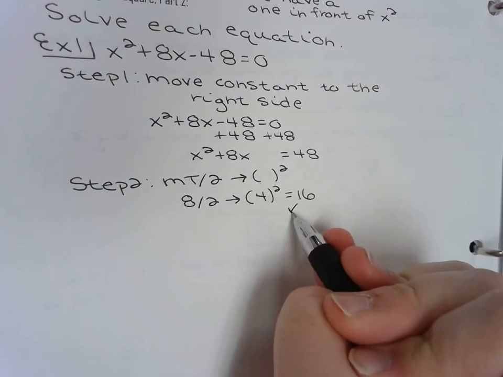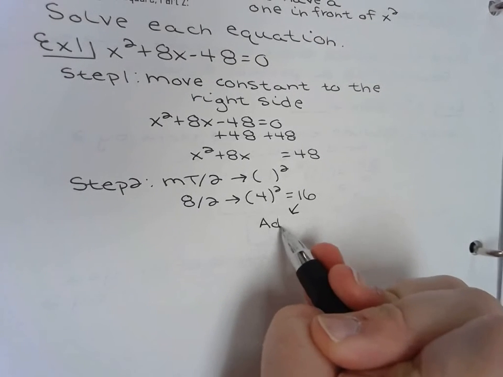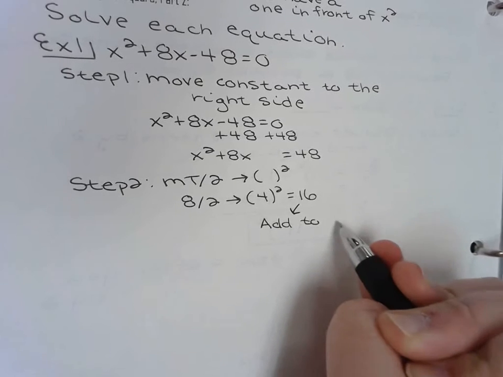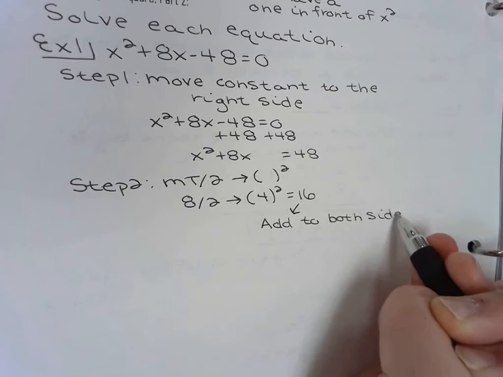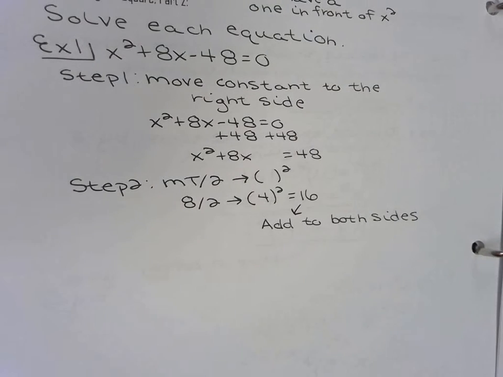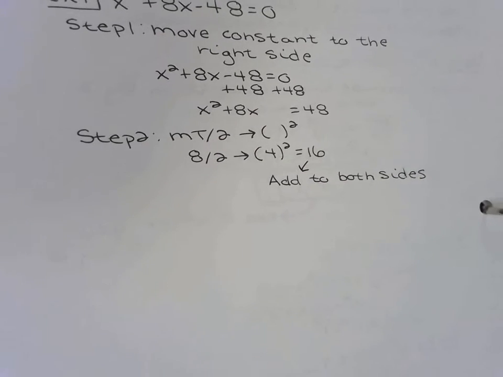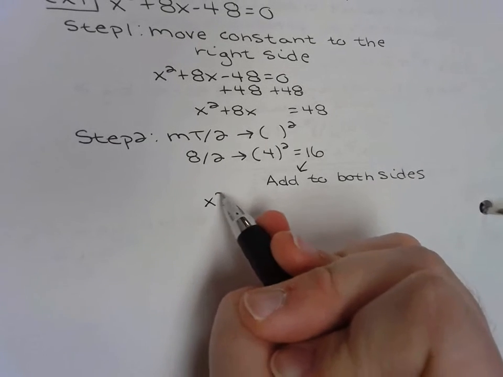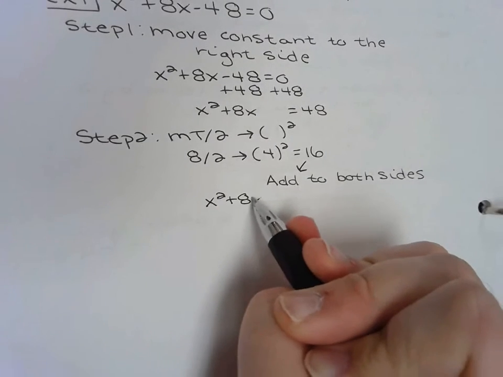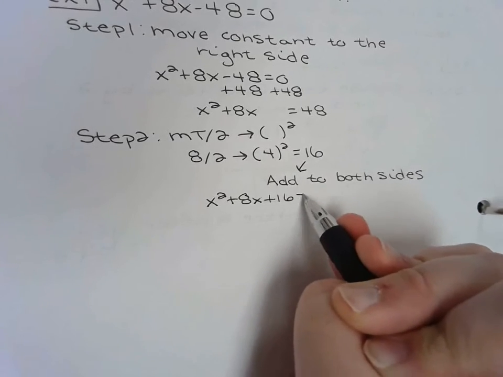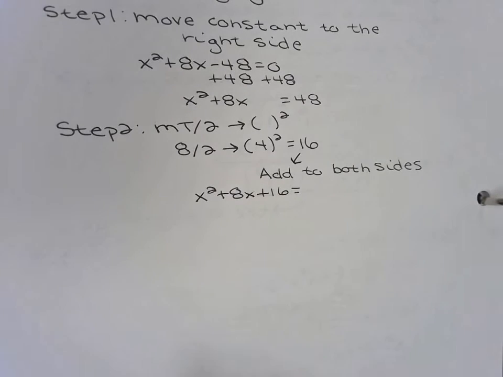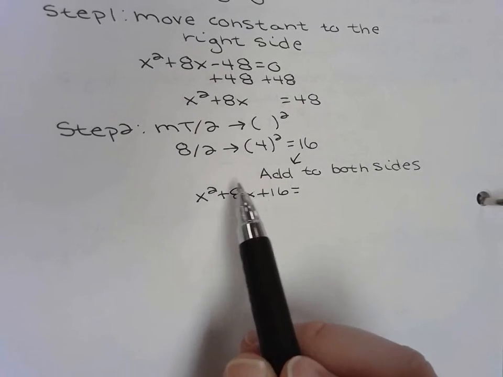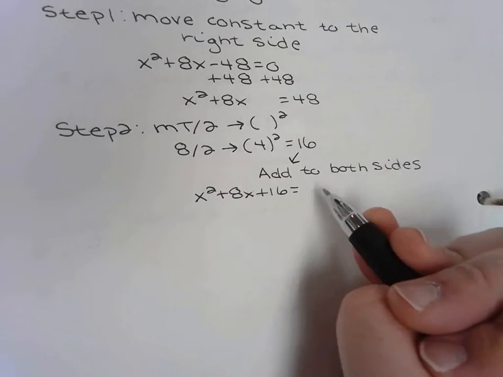You are going to take 16 and add it to both sides. This is the same process as on the page right before this. Middle term, divide by 2, and then square it. So when you write it, that's the number that goes after the 8x: plus 16. Now we have an equation, so I have to keep both sides equal. If I add 16 on the left side, I have to add 16 on the right side.